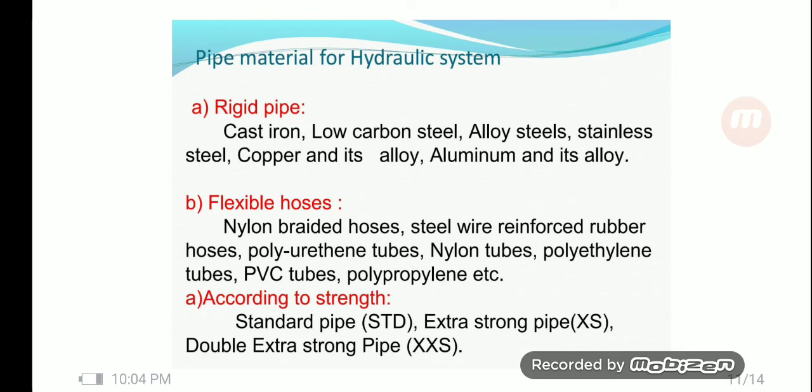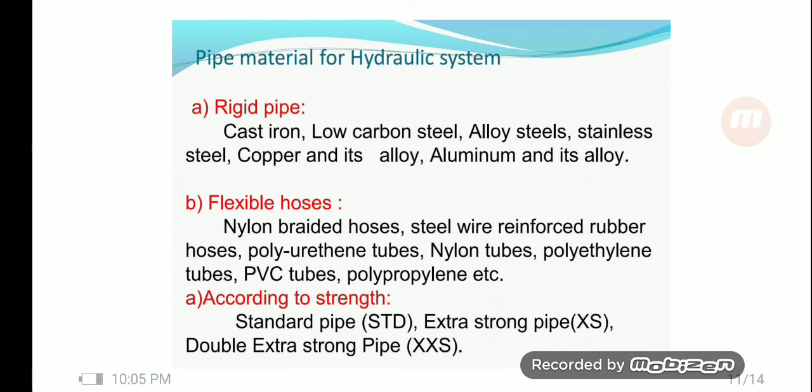The rigid pipes are made of cast iron, low carbon steel, alloy steel, stainless steel, copper and its alloys, or sometimes aluminum and its alloys. The second type is flexible hoses. Flexible hoses are made of nylon braided hose, steel wire reinforced rubber hoses, polyurethane tubes, nylon tubes, polythene tubes, PVC tubes, polyethylene, etc. And last, according to their strength, there are standard pipes, in short form STD.